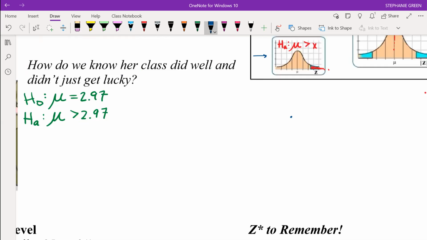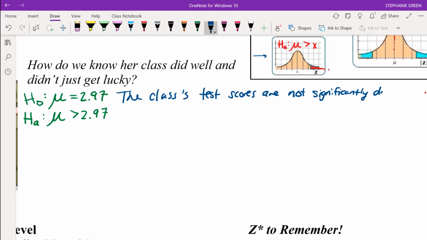We do like to have it written with our symbol so it's very clear, but we also need to describe what this means. So for the first part, we'd say our null hypothesis is that the class's test scores are not statistically, or significantly is the word I want, significantly different from the national average.